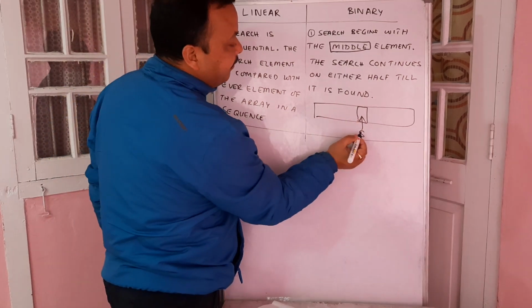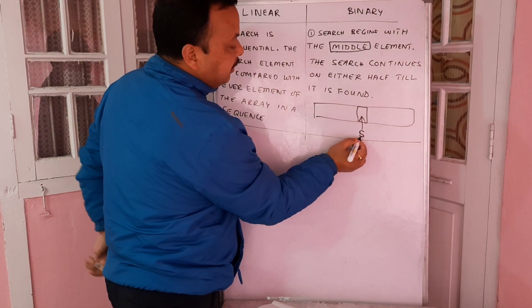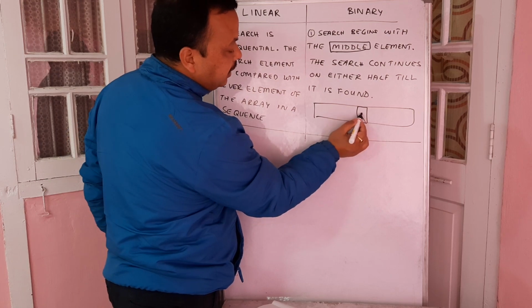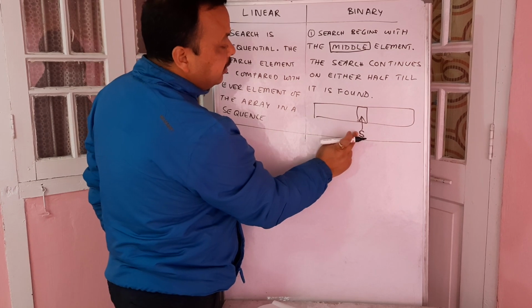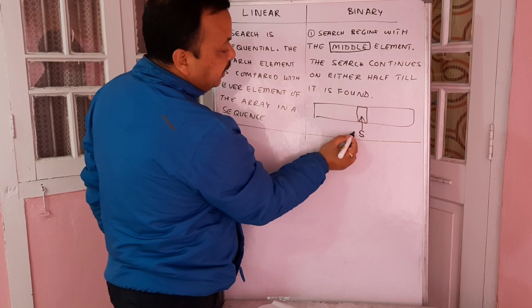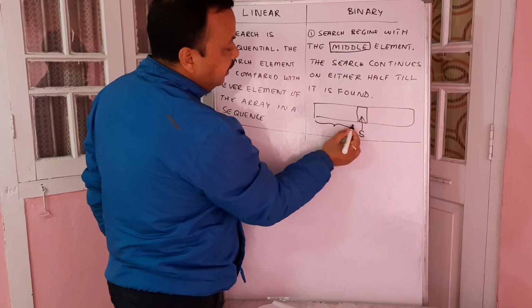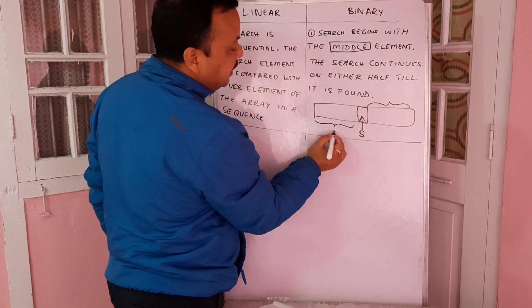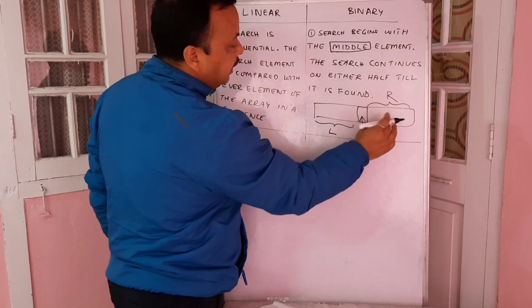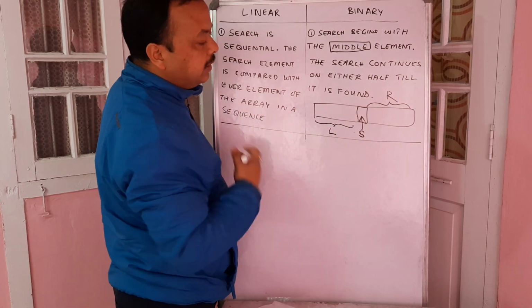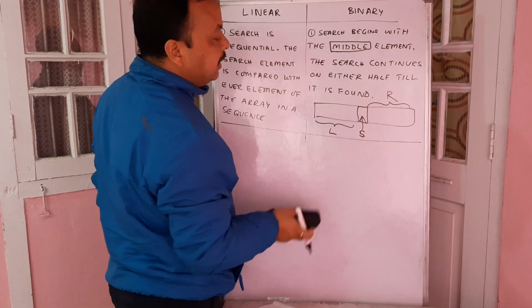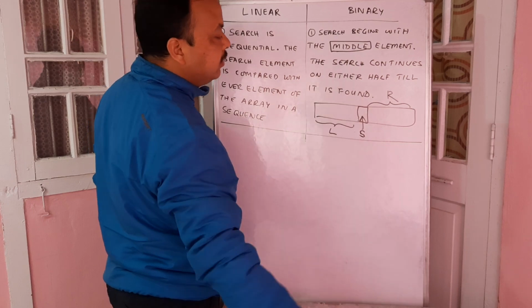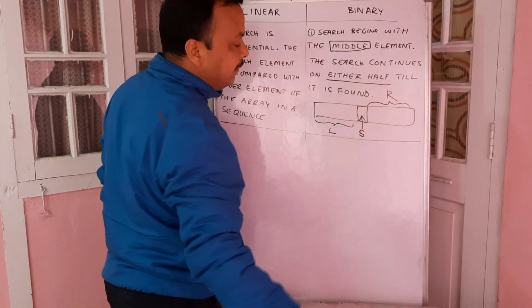If the element that you are searching for, S, is not found in the middle, then you will decide to continue your search in either this part of the array or this part of the array. That means either the left or the right. You can't search the entire array. Your search will be limited to any one of the halves. So that is why I have written here either half.